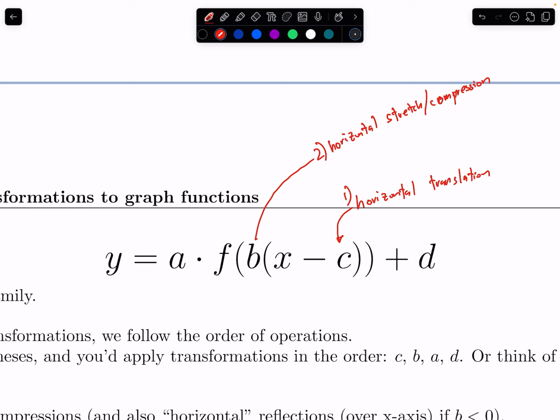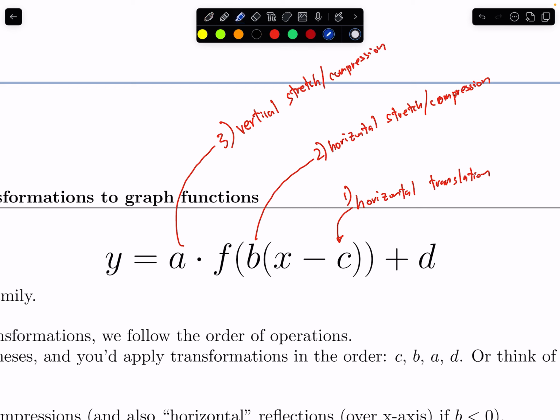Or compression. And then looking at my order of operations, the last two things I have are a multiplied and a plus d. Well, order of operations says multiplication comes first. So that means the next thing would be the vertical stretch or compression. I'll tell you guys a little secret.